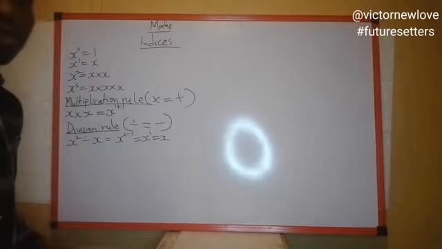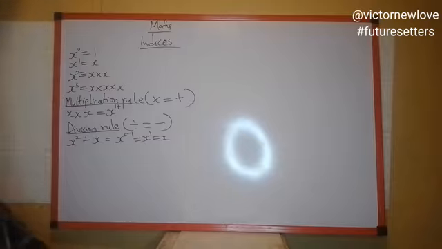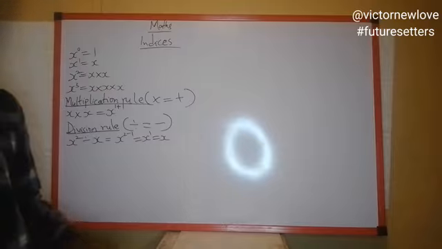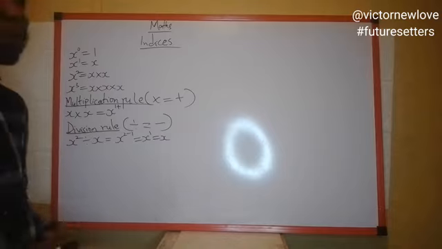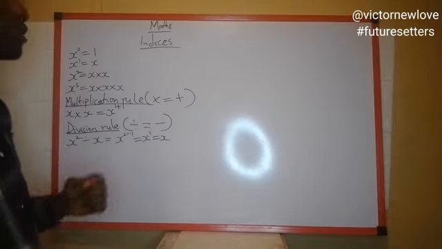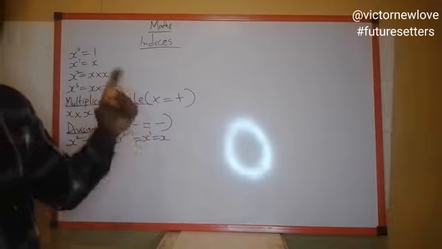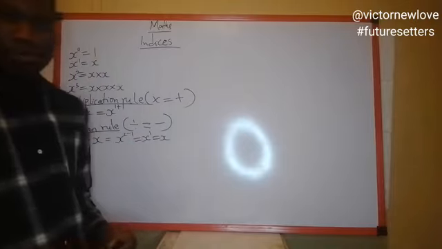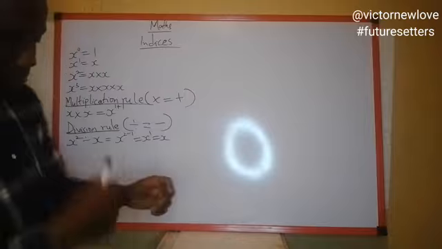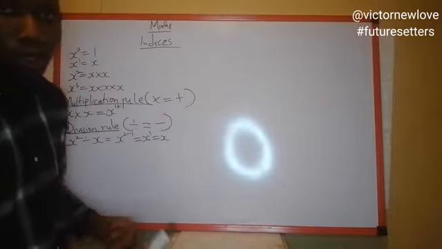Under the division rule, X raised to power 2 divided by X gives X raised to power 2 minus 1, and 2 minus 1 is 1. So anything raised to power 1 is that thing. That's the way I always tell them. In the multiplication rule, multiplication turns to what?